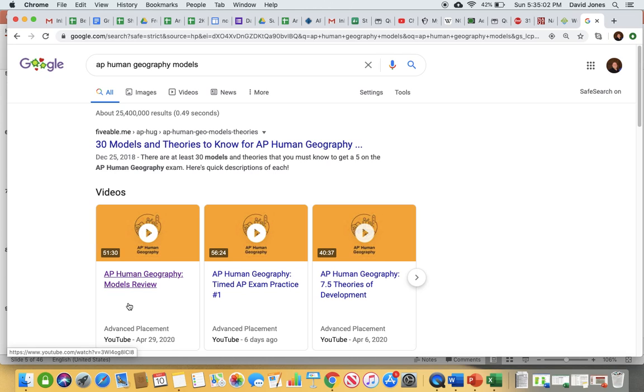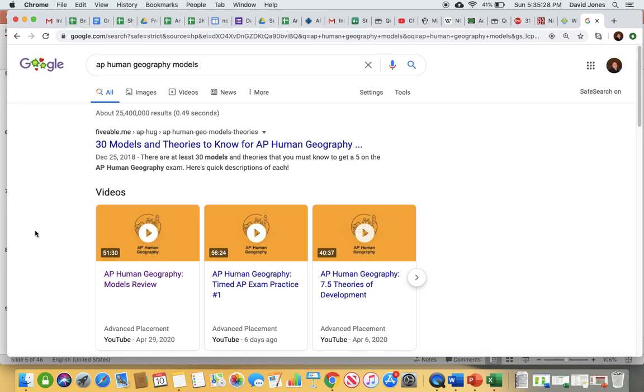They kind of go over a few of these that I don't think are super important, but I'm going to touch on very briefly. But they go into a lot of detail on some of these, and they actually go through that AP question where they show you some pictures of some things and kind of walk you through how you get where. So if you're confused about this at all, just Google AP Human Geography Models, and the very first video that pops up is the models review that they did through the College Board, which is actually really, really good. Give you some good information there.